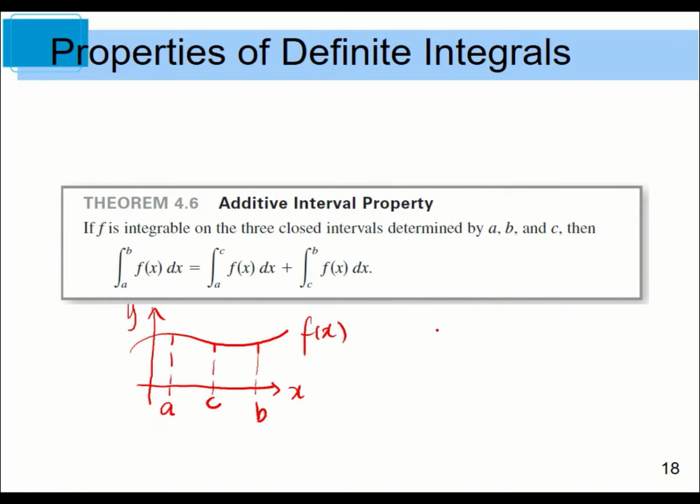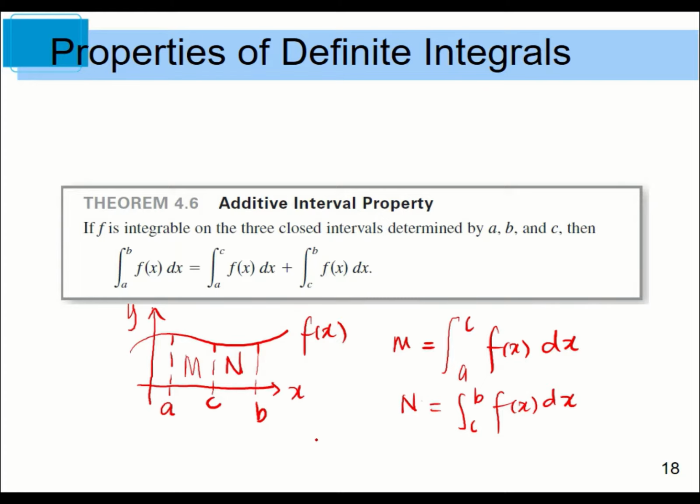If we integrate a to c, we are actually finding the area here, which I will call m. So this is the area for m, from a to c. And if we integrate from c to b, the same function, we are looking for the area of n.